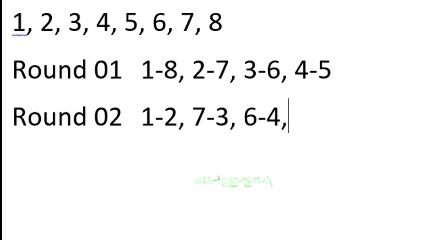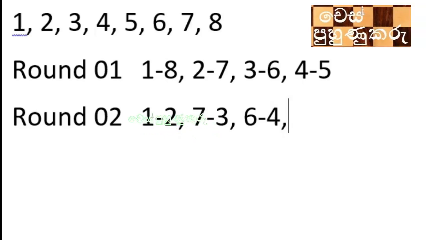So here, when you divide numbers 1 to 8, 1 to 4 is the top half, 5 to 8 is the bottom half, but 8 is also part of the bottom, but you can't play with yourself. So always remember, in an equal number of players, if there is an even number, the top numbers get to play one game extra as white, the bottom half gets to play one game extra as black.